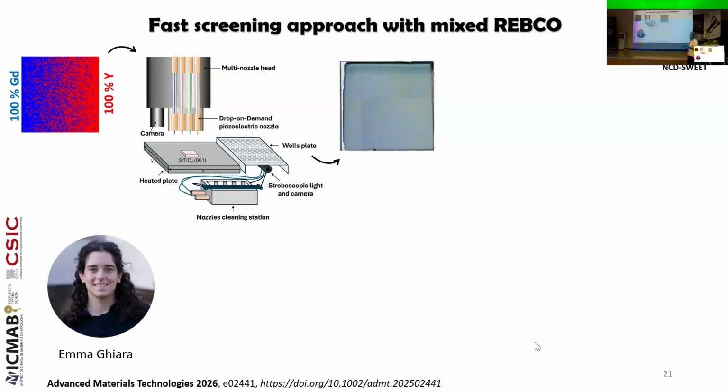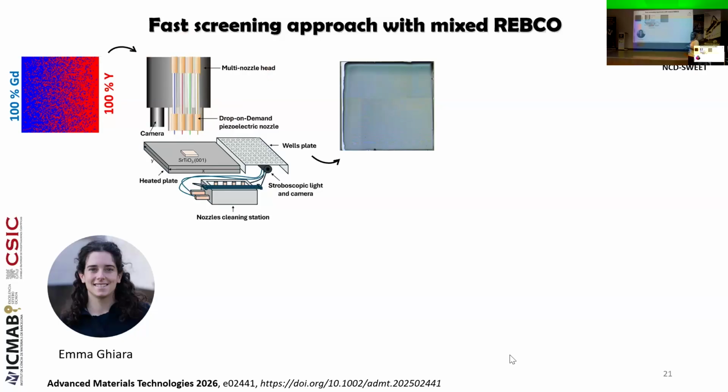However, if you would like to study the substitution, for example, of one rare earth with another, we would have to use many samples in order to get some conclusions. So our approach was to use a fast screening approach with mixed REBCO compositions, which we called compositional gradients.